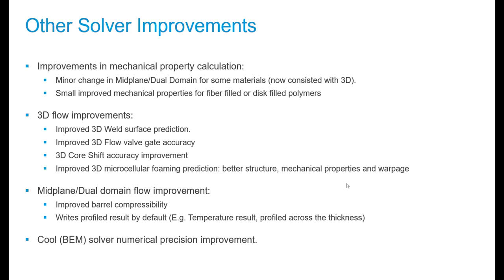We also made some improvements in what happens when, let's say, a valve gate opens. We now have smaller time steps in the internal solver around the time where the valve gate opens, which should help reduce some of the anomalies that you could sometimes see with the solver when the valve gates open.